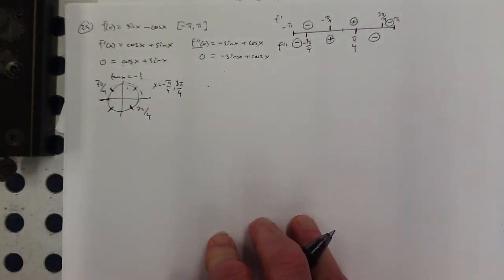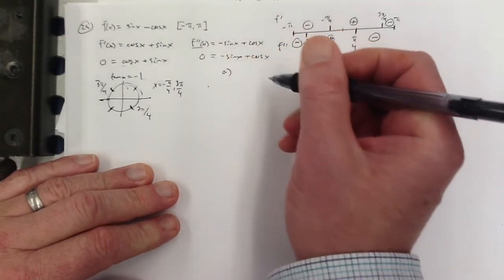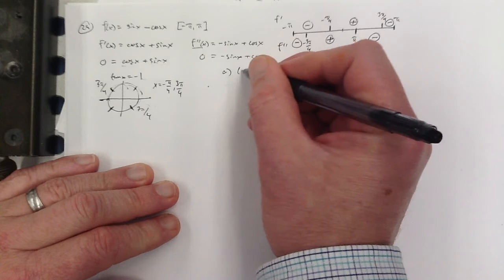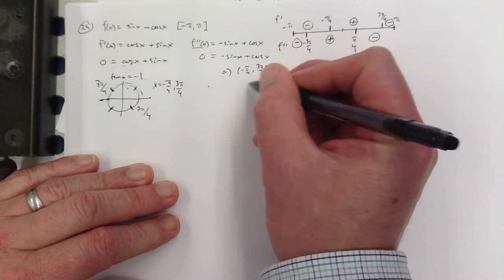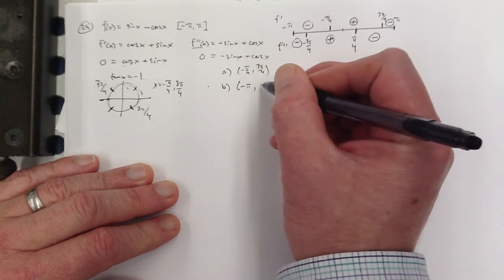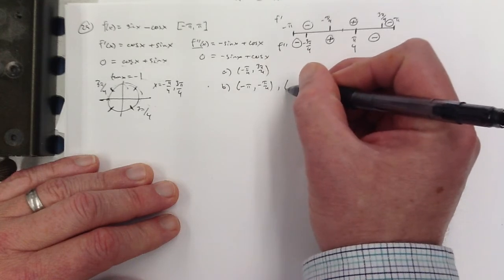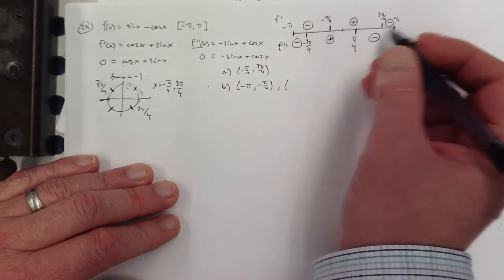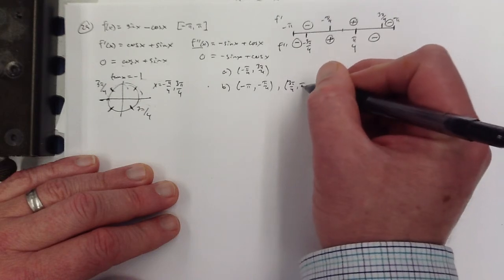Okay, so same questions, right? Where is it increasing? From negative pi over 4 to 3 pi over 4. Where is it decreasing? From negative pi to negative pi over 4, and from 3 pi over 4 to pi.